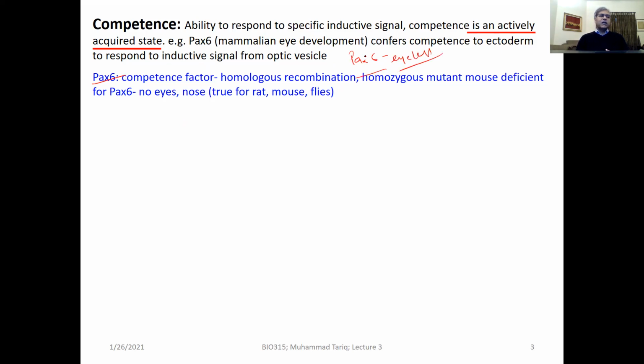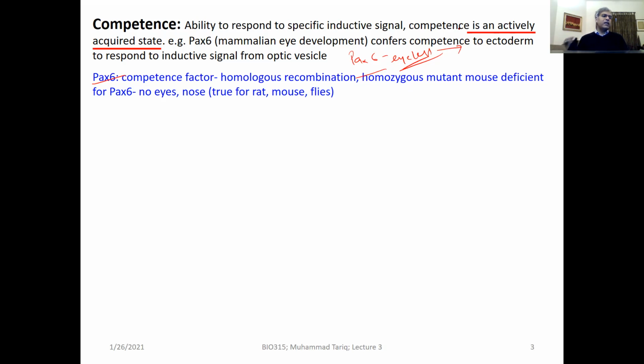When I use the phrase master regulator of eye development, master regulators are key developmental genes which, when we ectopically express them, can result in the formation of, let's say, an eye or wing or a specific organ.